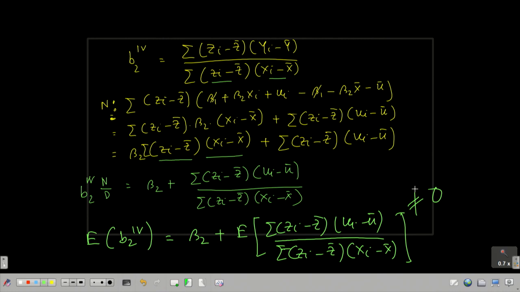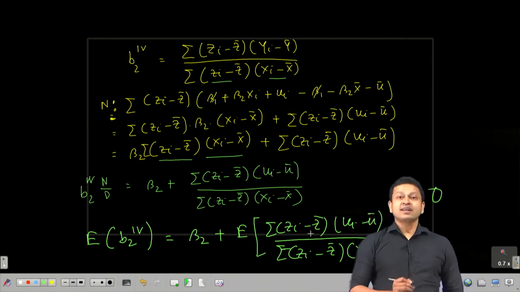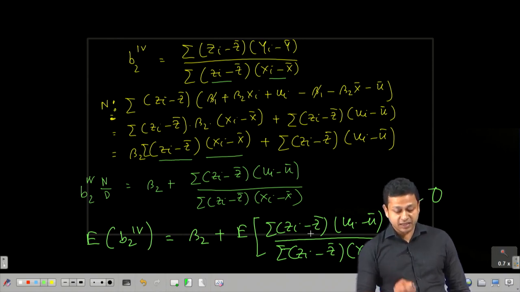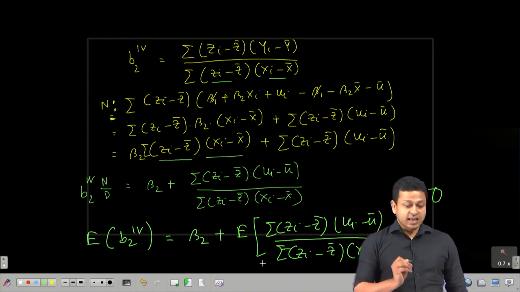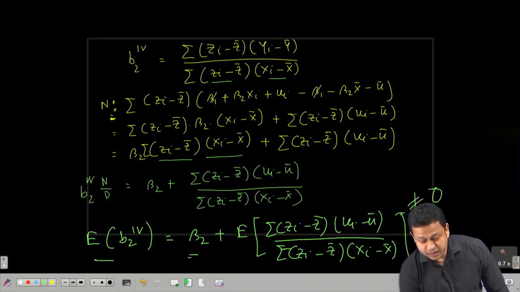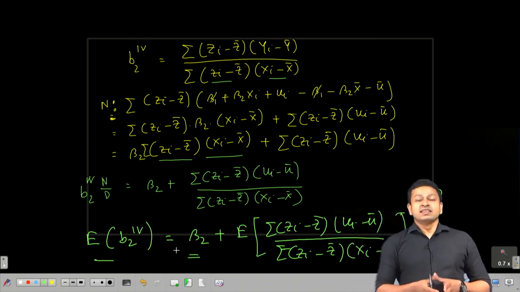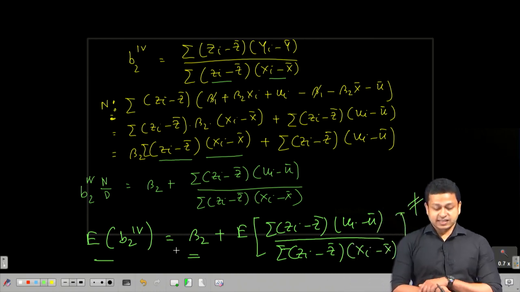So, just like in case of OLS regression where you had to ensure that x I and ui are independent, similarly for IV regression we have to ensure that z I and ui are independent. Only then this term will be 0, and only then the expected value of beta 2 IV is going to be beta 2, and that is what we want to ensure the unbiasedness. So, that is the first thing.